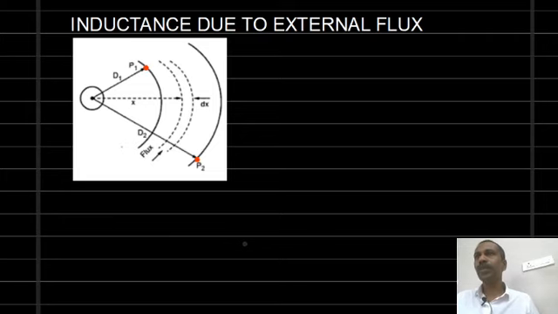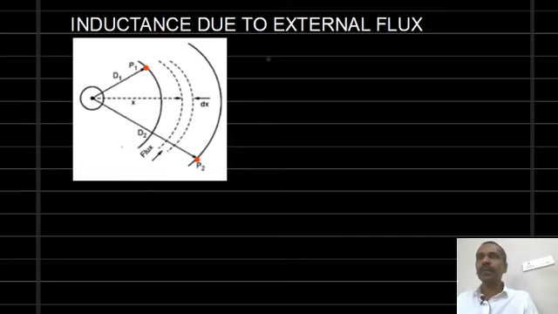Both are external points. P1 is at a distance d1 meter and P2 is at a distance of d2 meter from the conductor. And the strip we consider lies between the 2 points P1 and P2. First of all, we will find out the flux linkage within the strip. Then we can find out the total external flux linkage using integration.